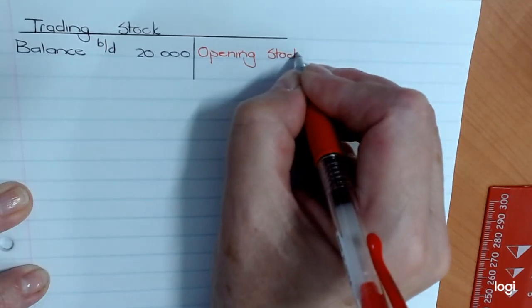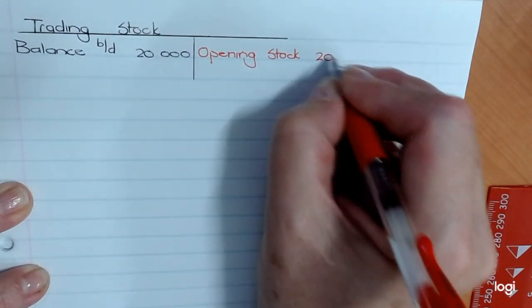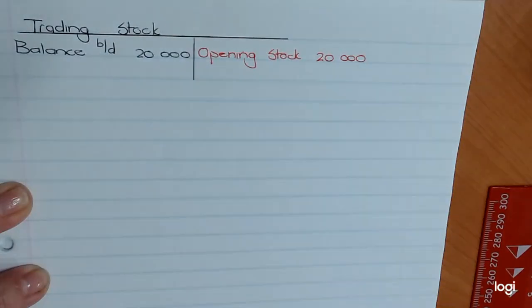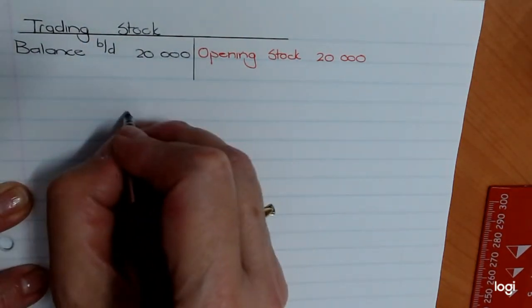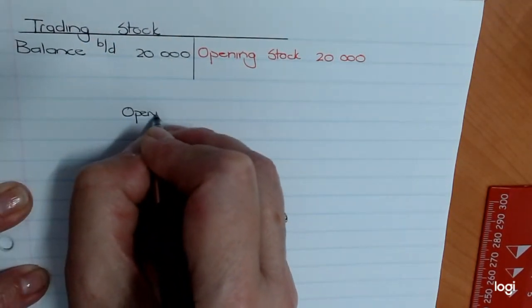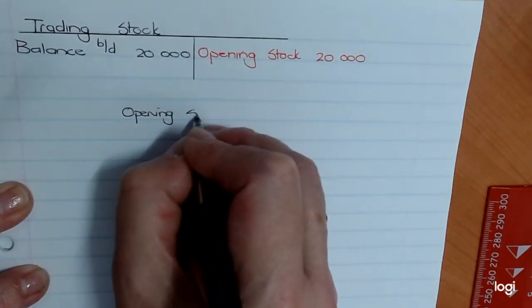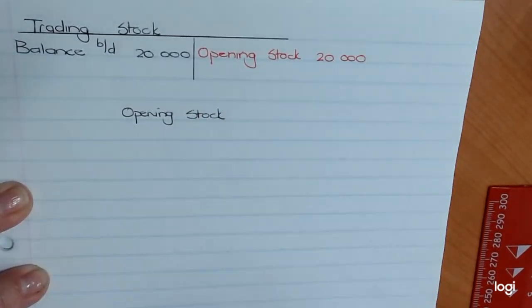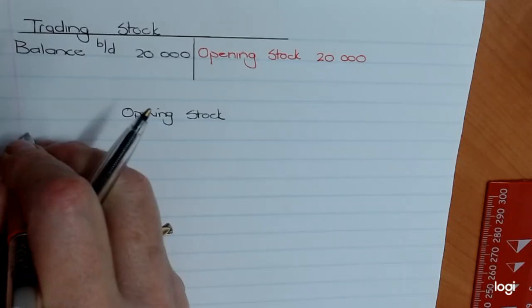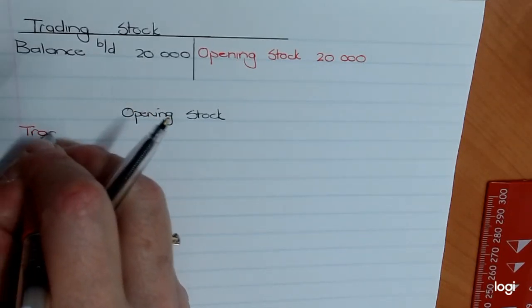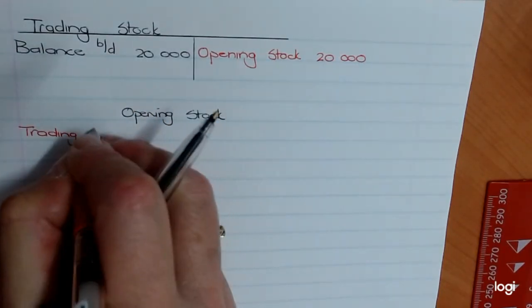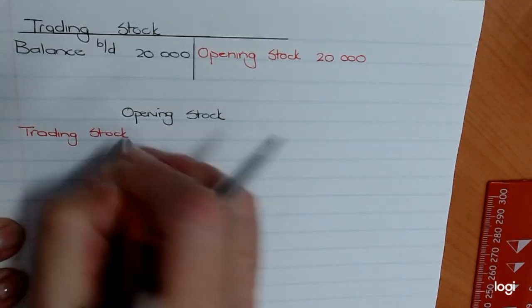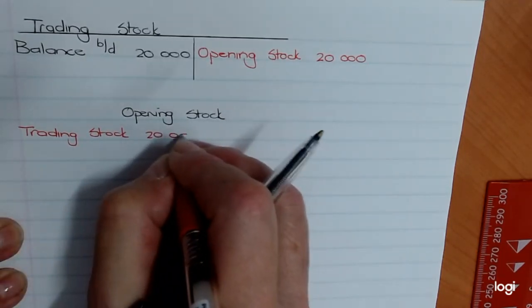And we record that in the opening stock account. So we have to open the opening stock account, which is a new account. On the debit side, we will write trading stock, and we will write 20,000 Rand.